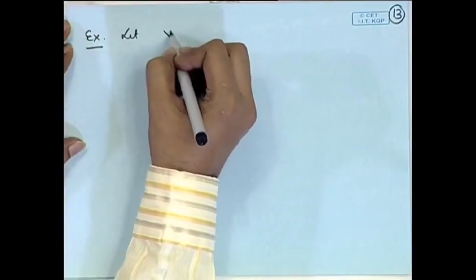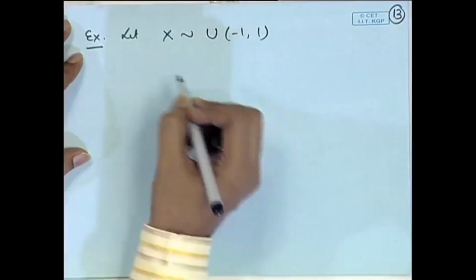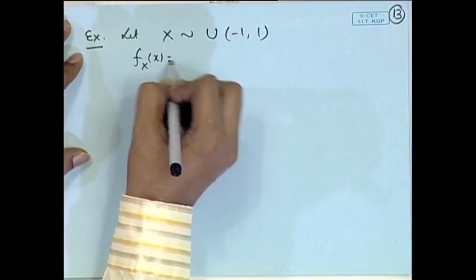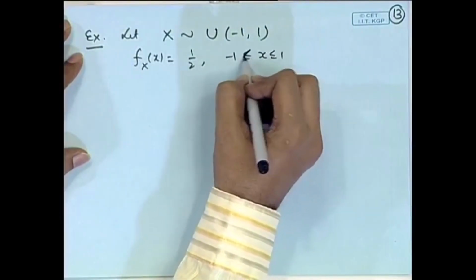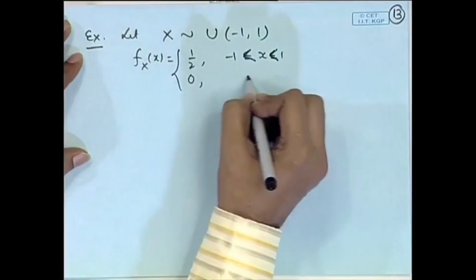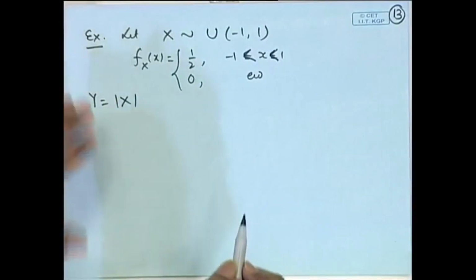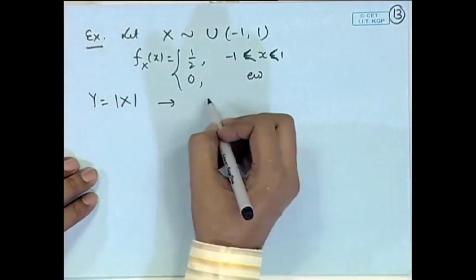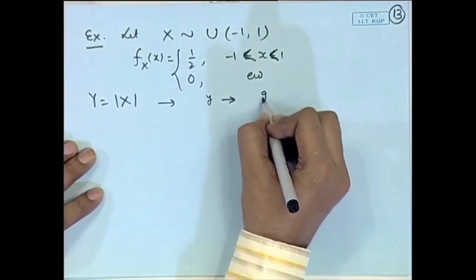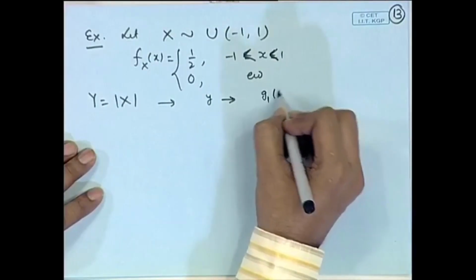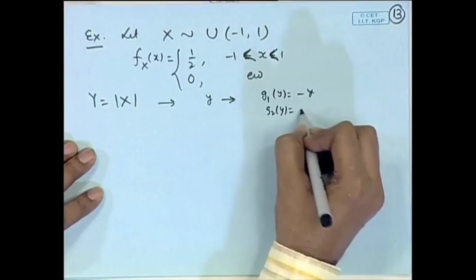Let x follow a uniform distribution on -1 to 1. So, the density function is half for -1 less than or equal to x less than or equal to 1, and 0 otherwise. Consider the function say y is equal to modulus x. So, for a given y, we have g1 of y equal to minus y and g2 of y equal to plus y.